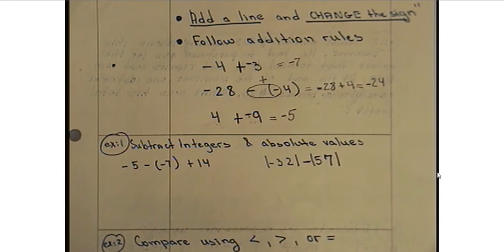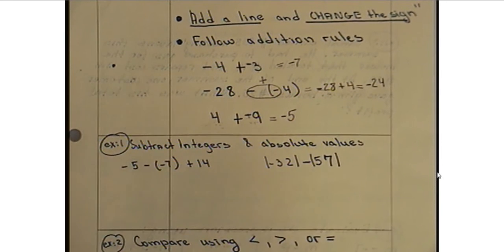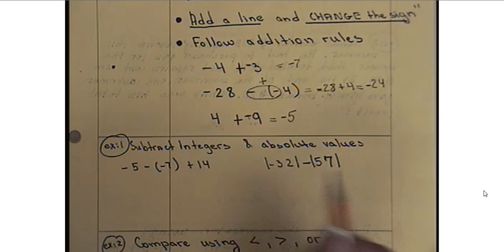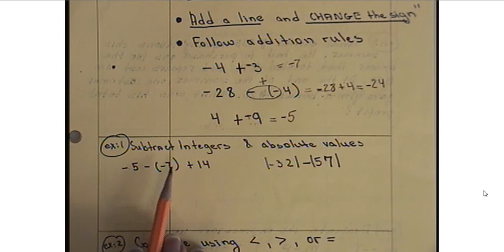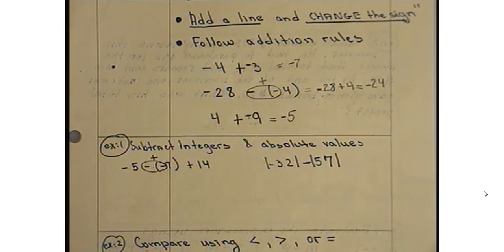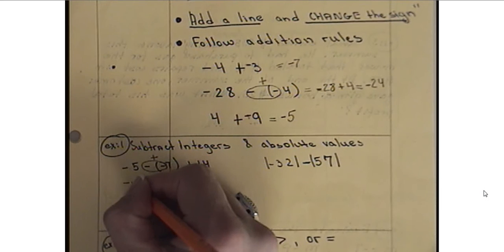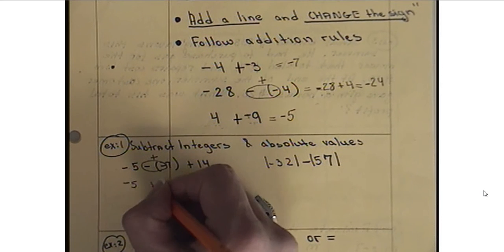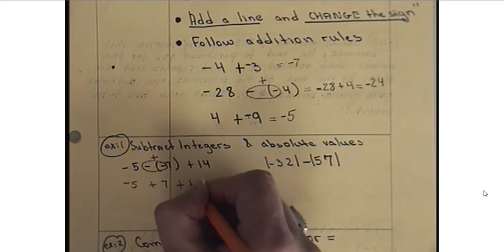If we're dealing with absolute values, you have to convert to what they are equal to as an integer. So, saying that, let's take a look at this. Negative 5 minus negative 7 plus 14. Those two negatives immediately I will change to plus because you don't want to forget. So negative 5, this changed to plus 7 and then plus 14.